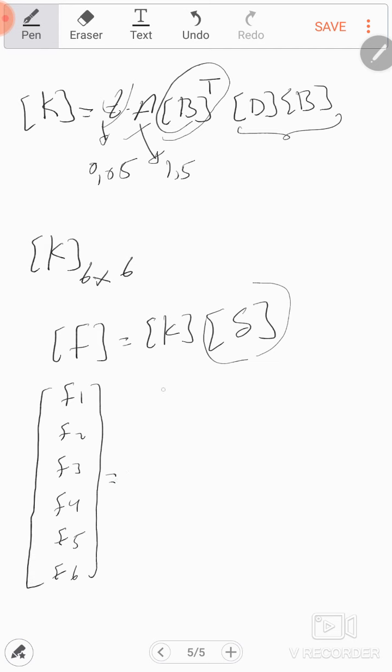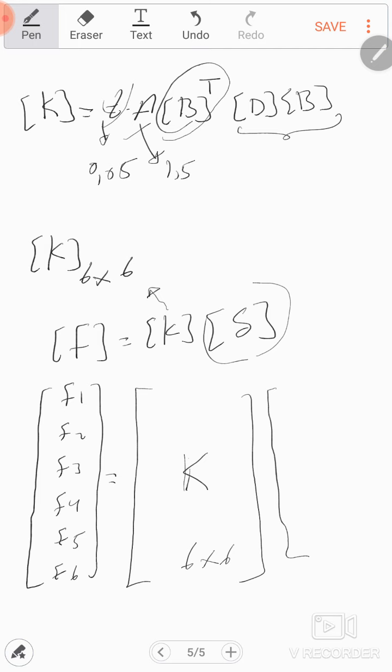The K matrix is 6 by 6. And for displacement we have 6 displacements: displacement 1, 2, 3, 4, 5, and 6.